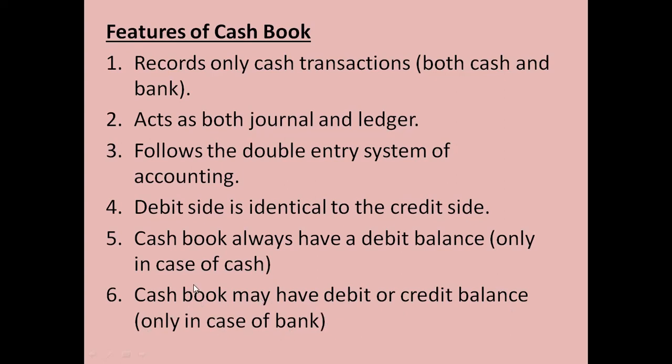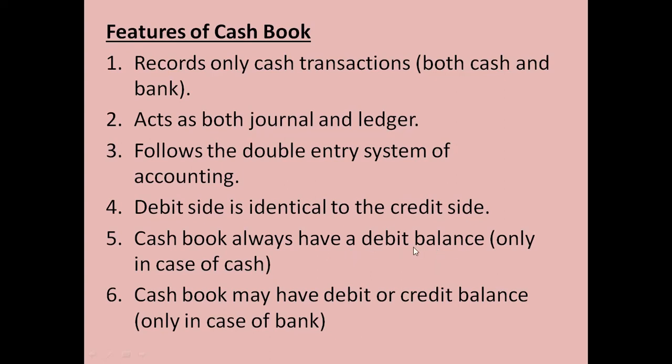In case of a single column cash book, when we have to prepare only a cash account, I mean the cash transactions to be recorded, you can see that there will be a debit balance.